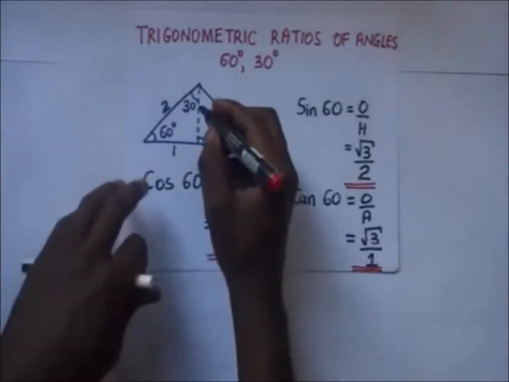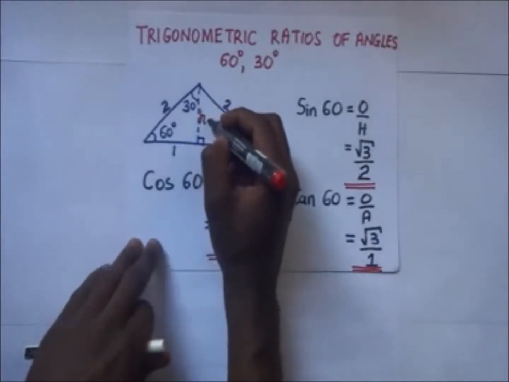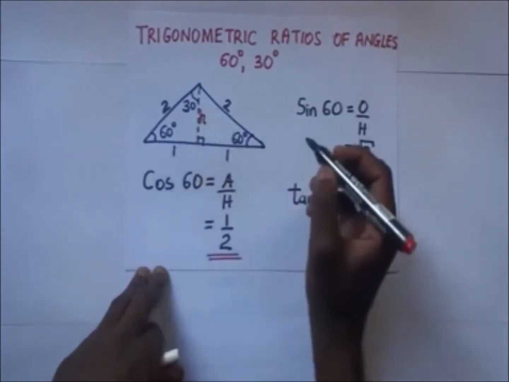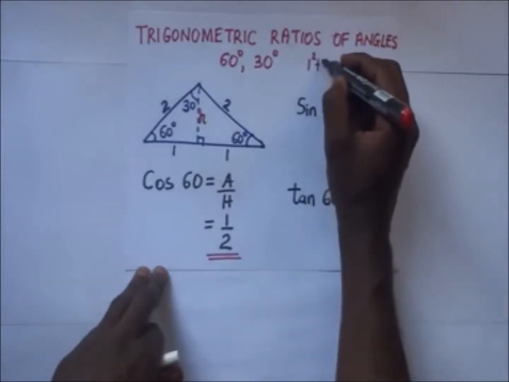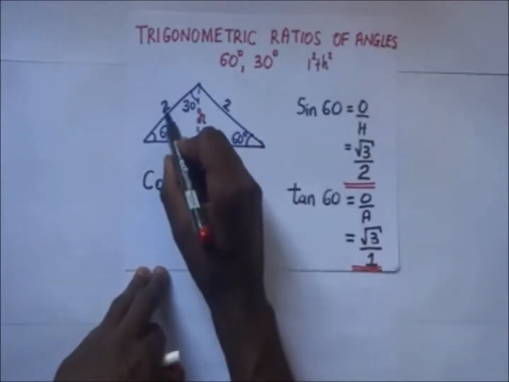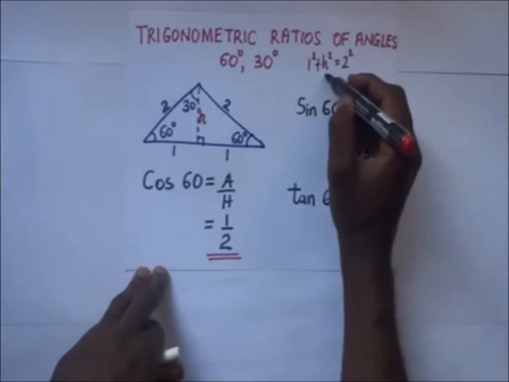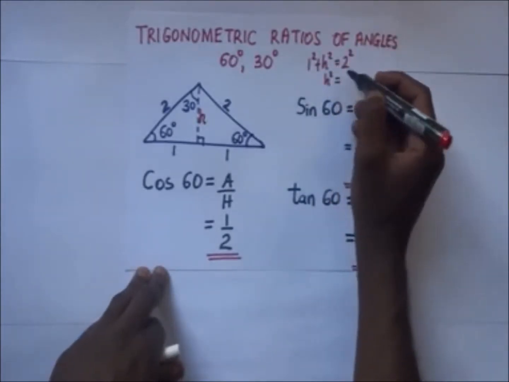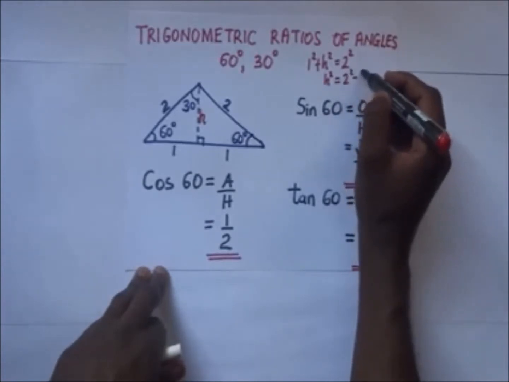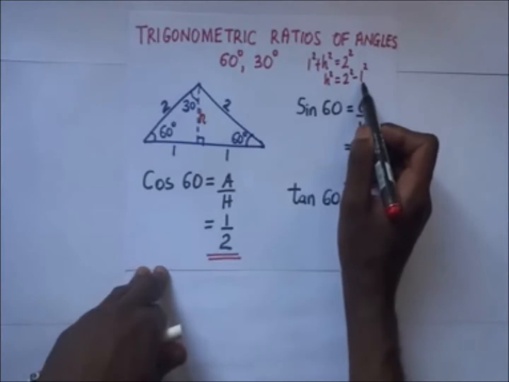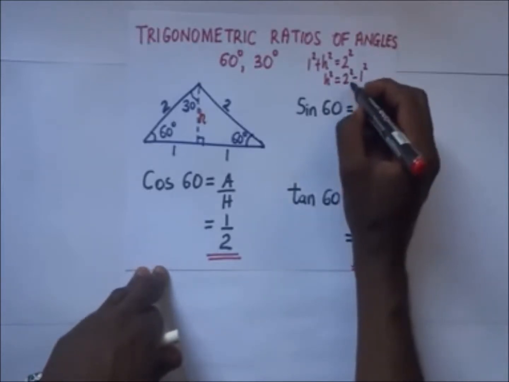So if we call our value h, we said 1 squared plus h squared is equal to 2 squared. So it means that h squared is becoming 2 squared minus 1 squared. 2 squared, which is 4, minus 1 squared, which is 1, gives us 3.